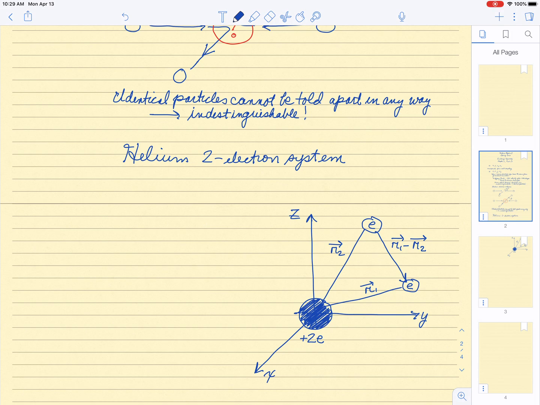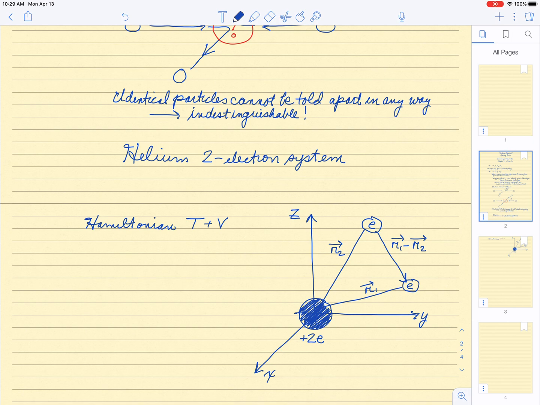And so if we neglect one electron at a time, we can write down the Hamiltonian. Remember the Hamiltonian is the kinetic plus the potential energy.